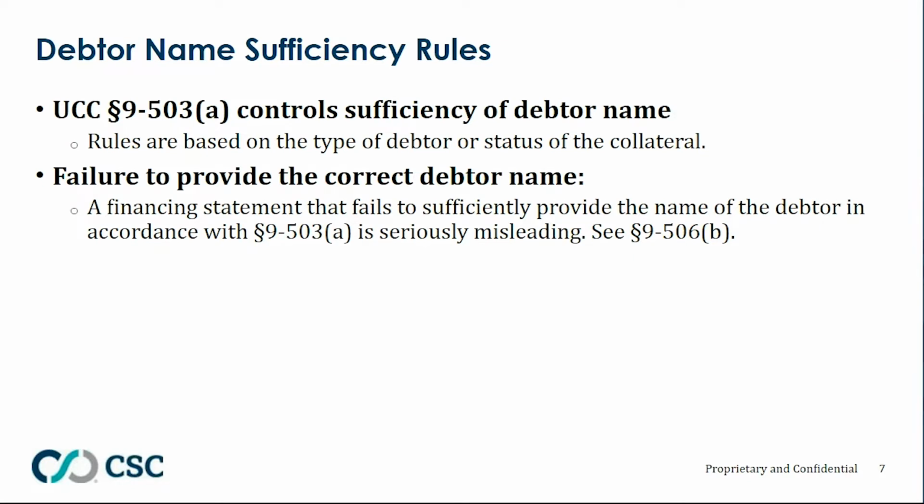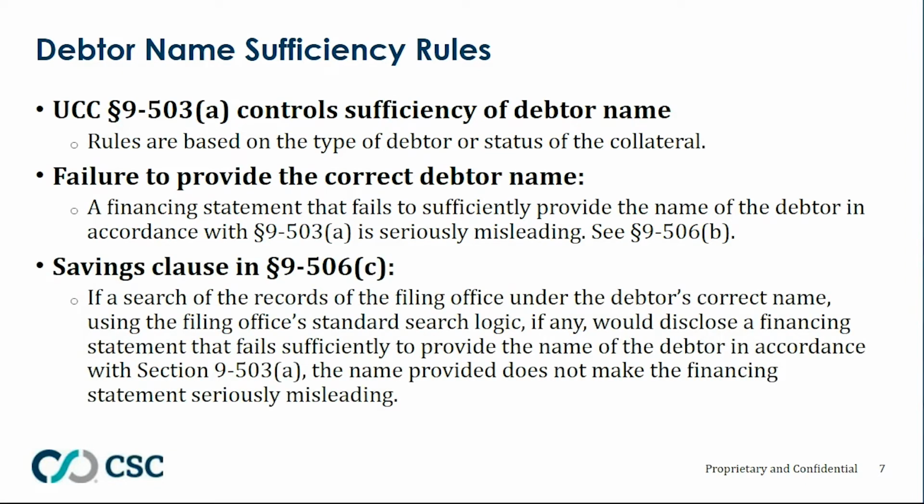There is one exception to this, and that is in Section 9-506(c). And what this says is that if a search of the correct debtor name using the jurisdiction's standard search logic would disclose the record, then the insufficient name on the record does not render it seriously misleading.